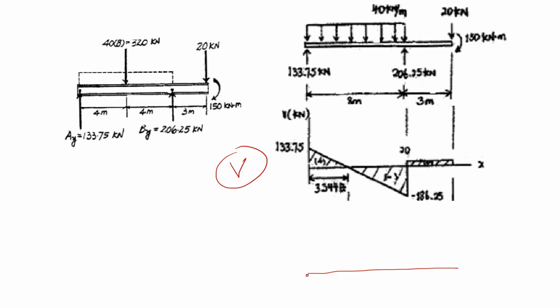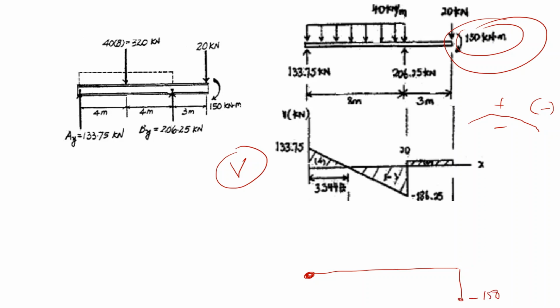Well, over here 0. And at this end, I know that it is for a moment trying to bend like this, 150. Well, since it's positive in the upper and negative in the lower side, this is a negative moment. So we will have minus 150 over here.